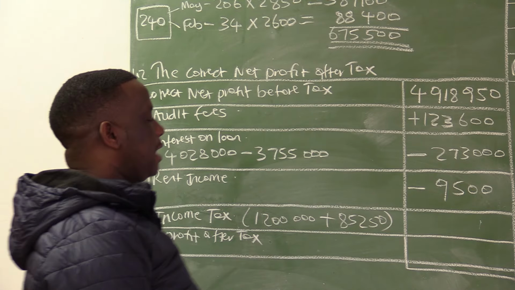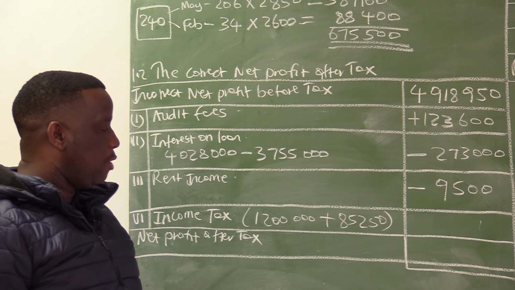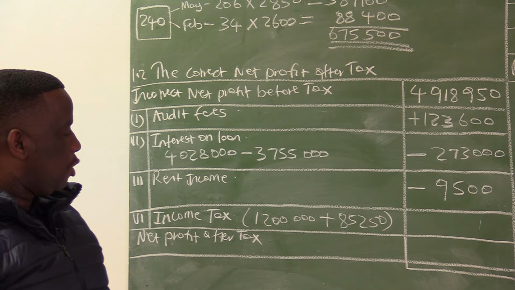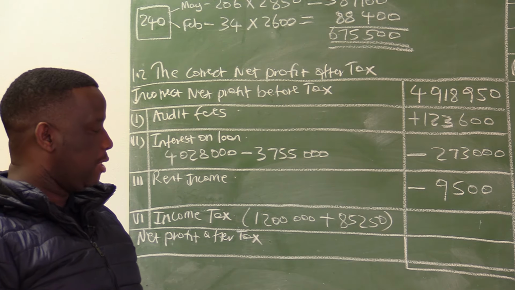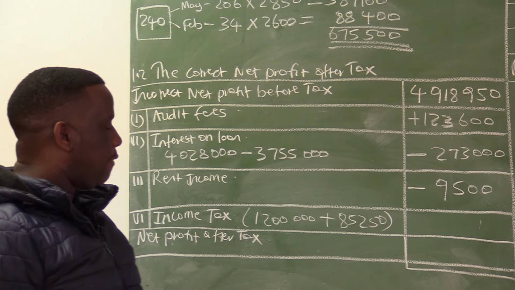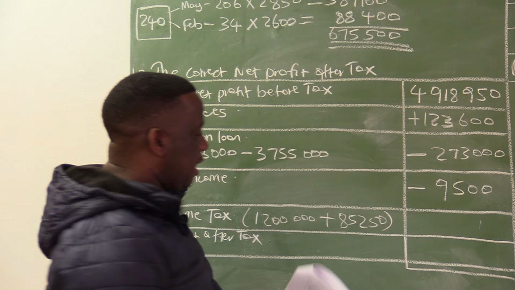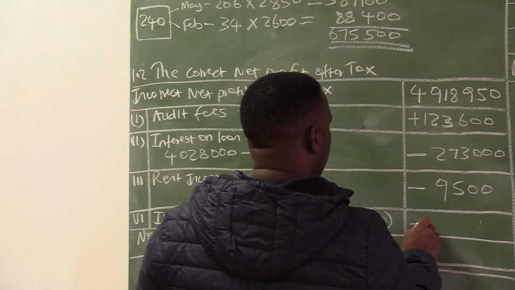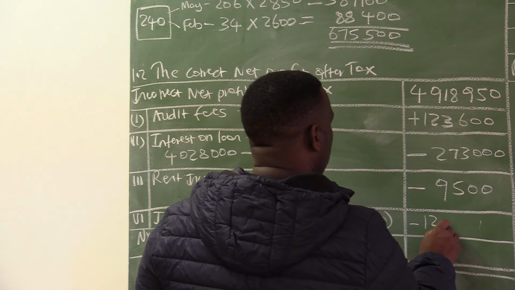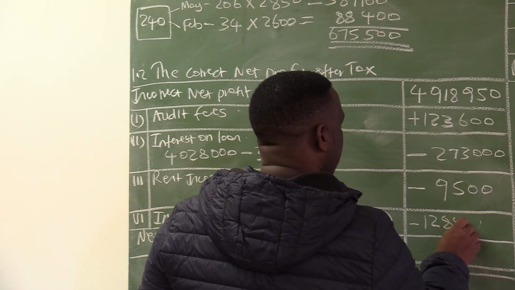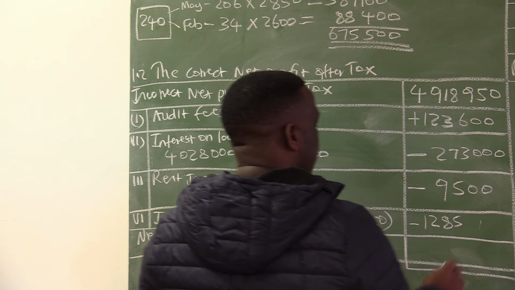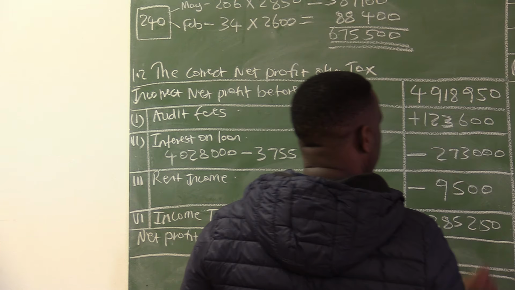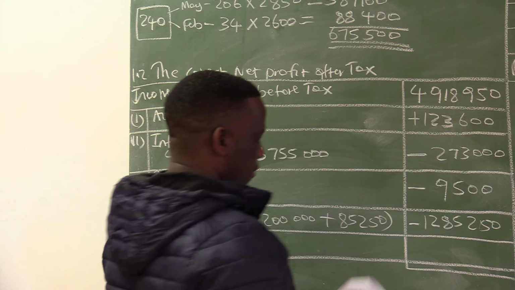If we have already paid 1,200,000 in the form of provisional tax payment and we are still owing 85,250, that tells us that our income tax for the year is 1,285,250. That is our income tax for the year.